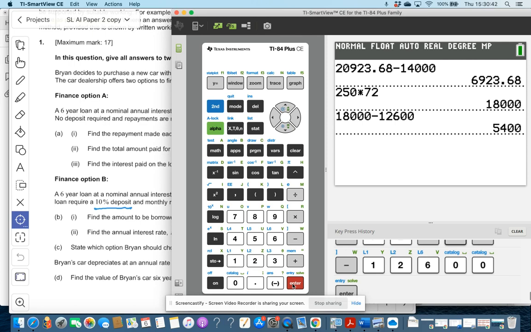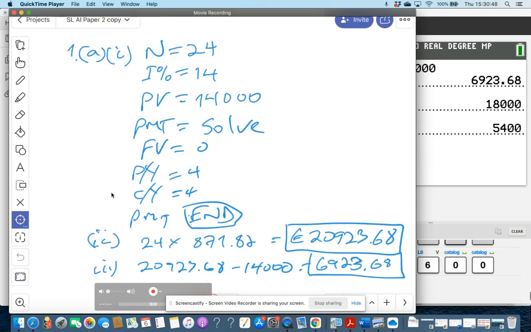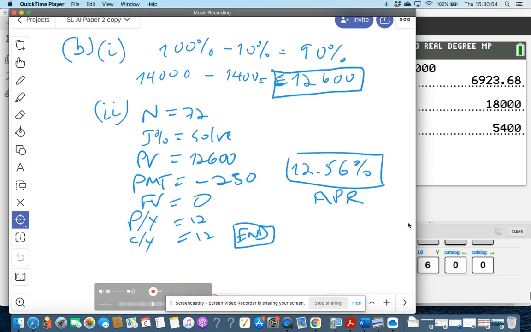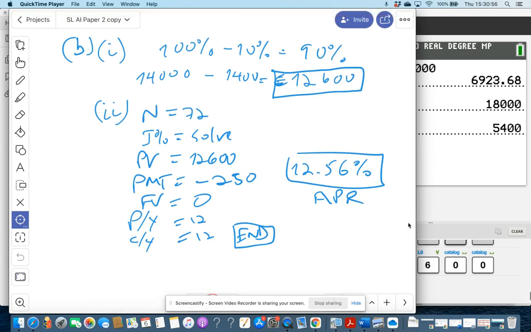Okay, so I might want to show those workings there for this question, C. I might want to do 250 times 72 equals 5,400. So again, I'm comparing that to the previous amount, which was 6,900. So if I had the 1,400, option B.